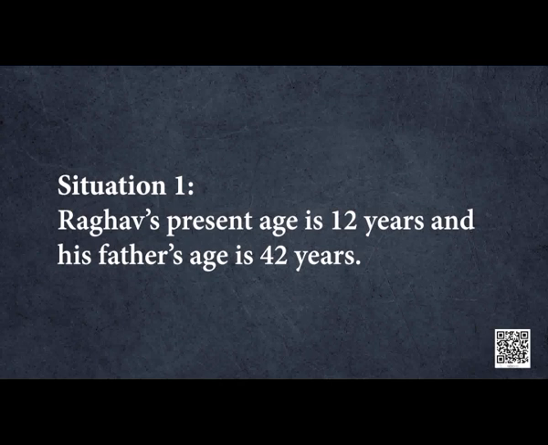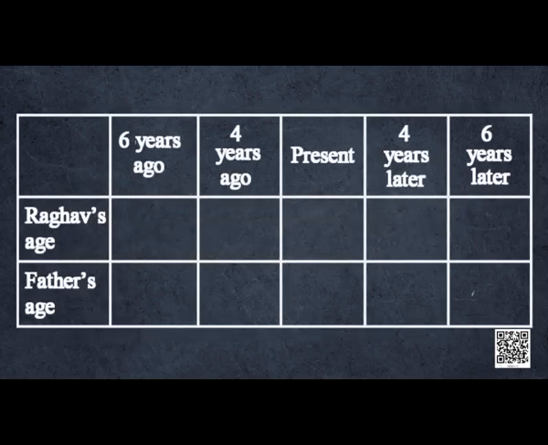Let us put it in a tabular form. In the table, you can see Raghav's present age is 12 years and his father's age is 42 years.